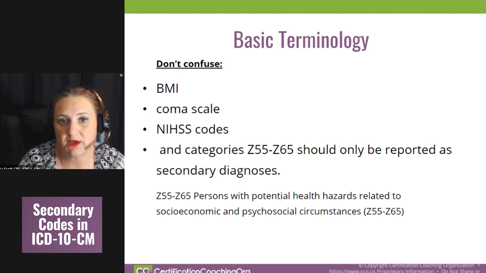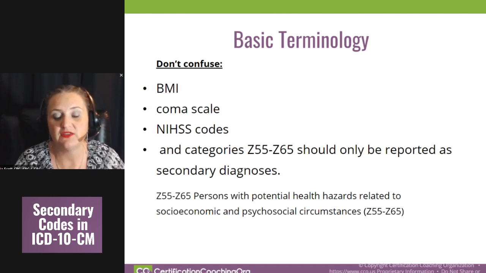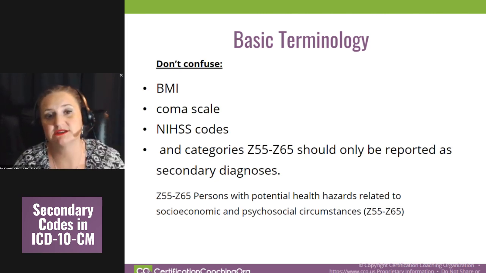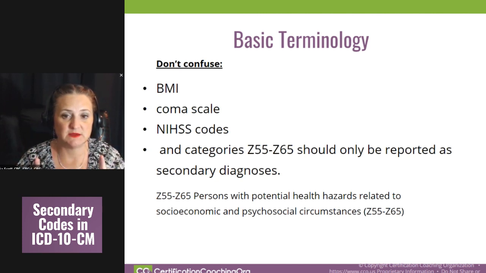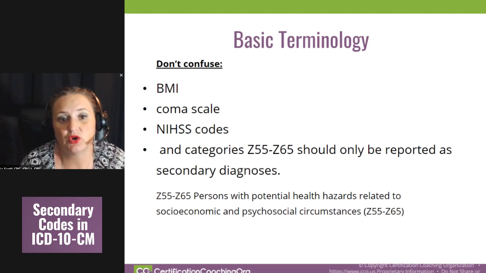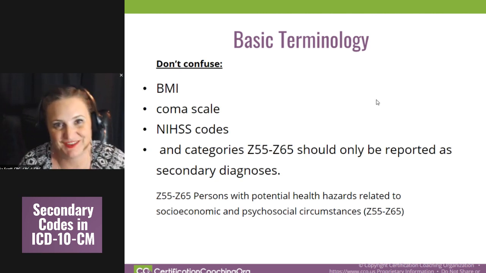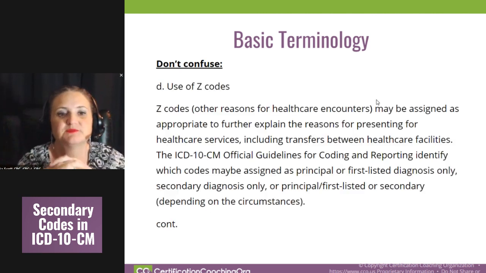You don't want to code the BMI for 50 and then not have anywhere else that it states that the patient has diabetes. It's a secondary code that has to have another code to be able to launch off of. See how my brain works?